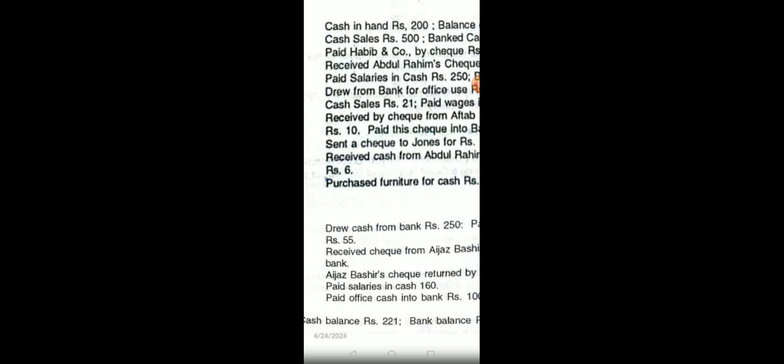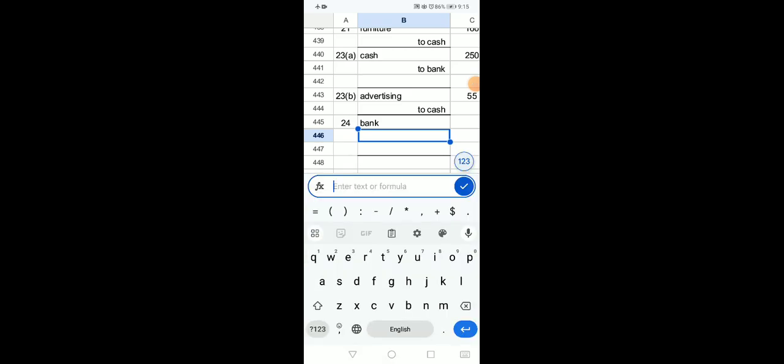From whom have you received this check? It was entry number 24. In 24 it is saying that you have received that check from Ejaz Bashir. Ejaz was the person from whom the amount was receivable. That means he was your account receivable. Account receivables are an asset. As you have received the amount, he is no more your account receivable, no more your asset. Asset decreases. Decrease in assets should be mentioned on the credit side.